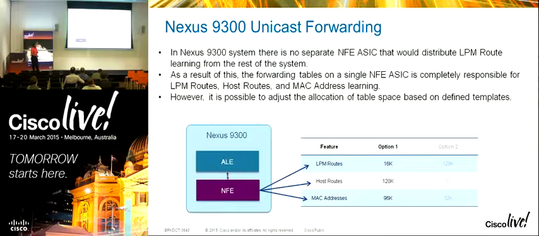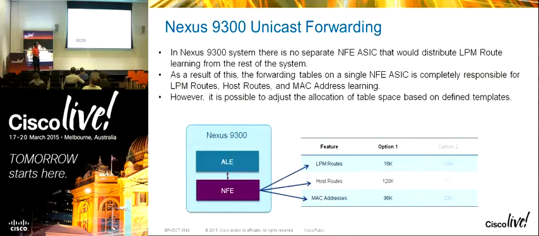Here you can have LPM routes for 16K max, host routes 120K, and 96K for the MAC addresses. We cannot have any additional, because if we add anything on top of it, we need another space, and everything is very compact in this chipset itself.